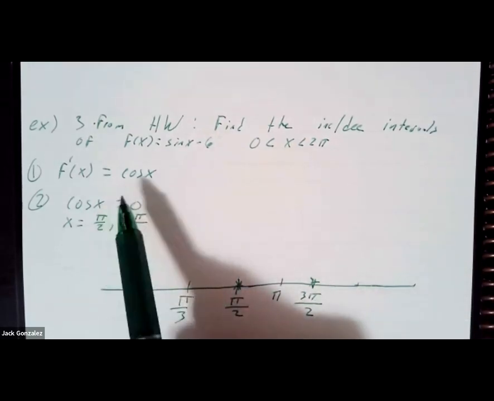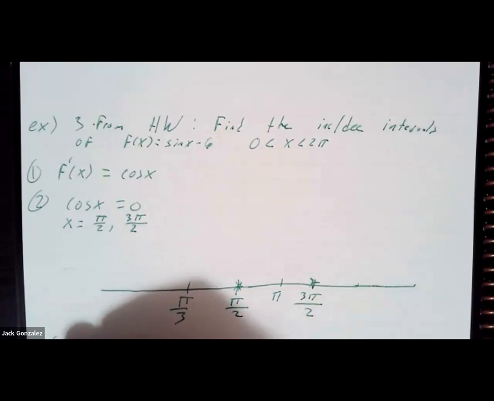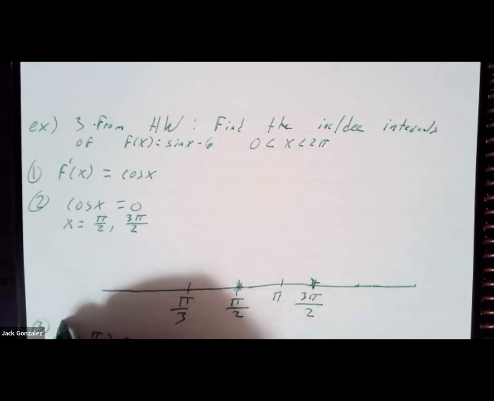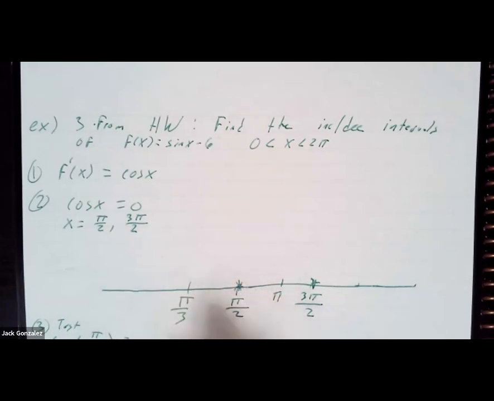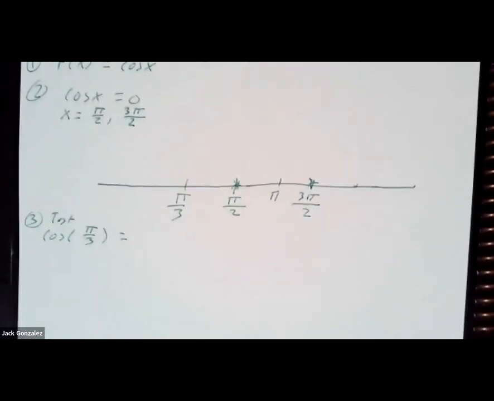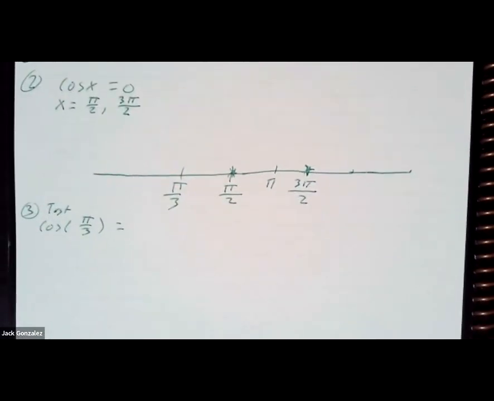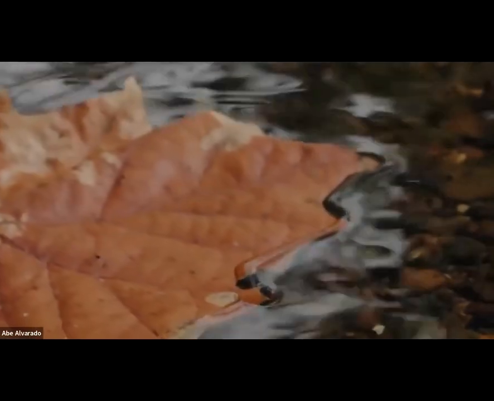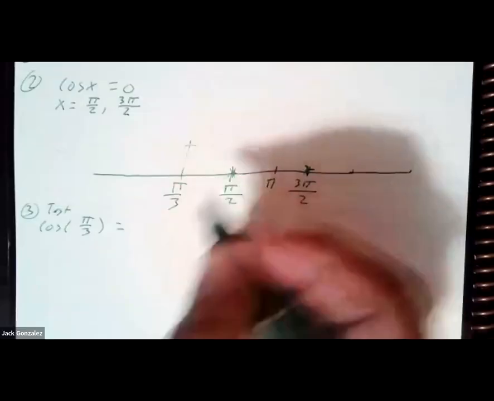So cosine of pi over 3, what is that gonna be? One half. So positive, right?